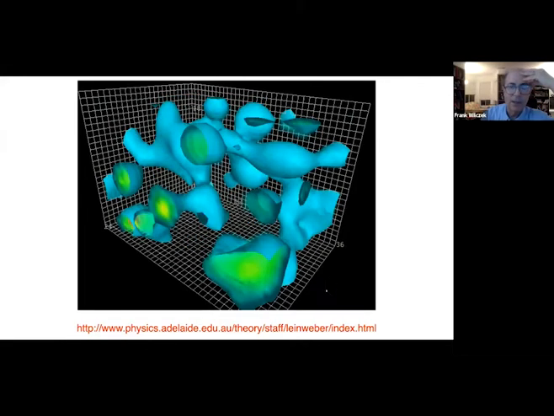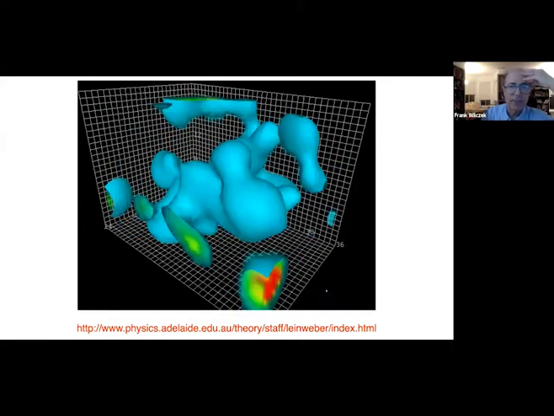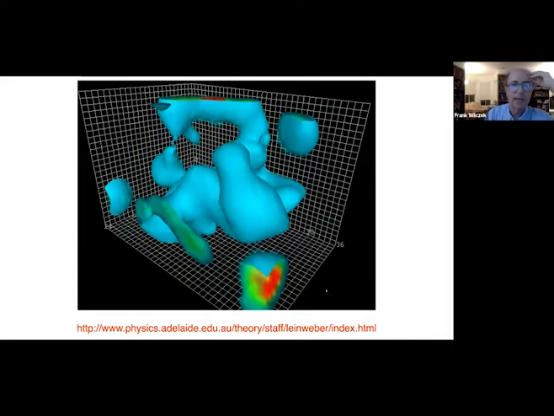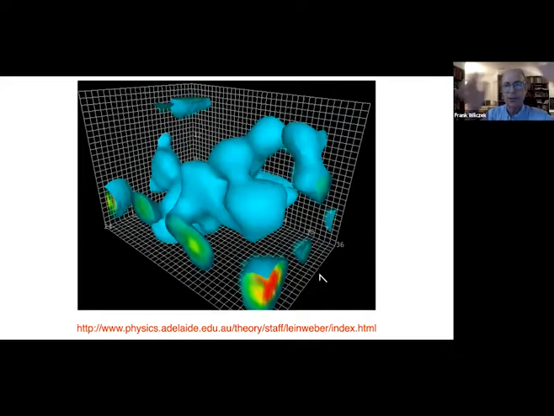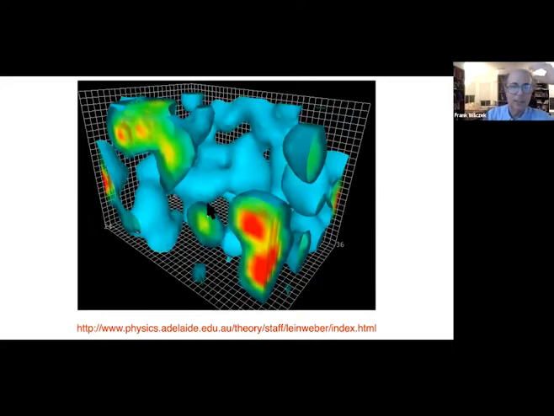Now, these are quantum mechanical fields. They obey the rules of quantum mechanics, which means they fluctuate, or they're uncertain in their values.